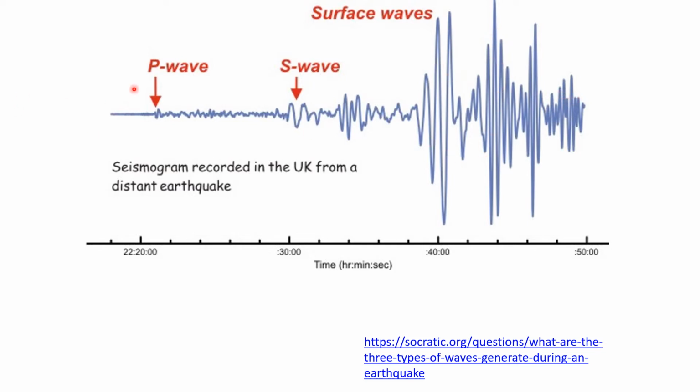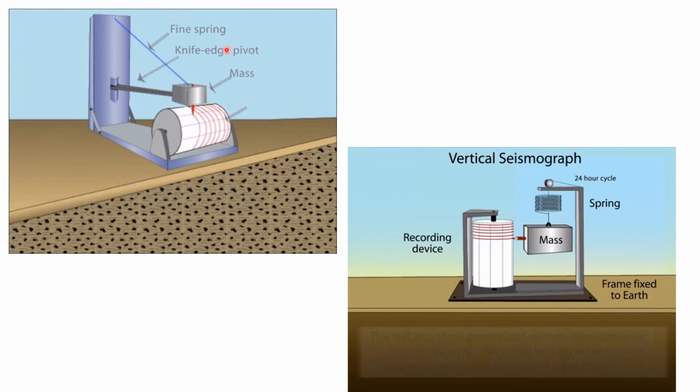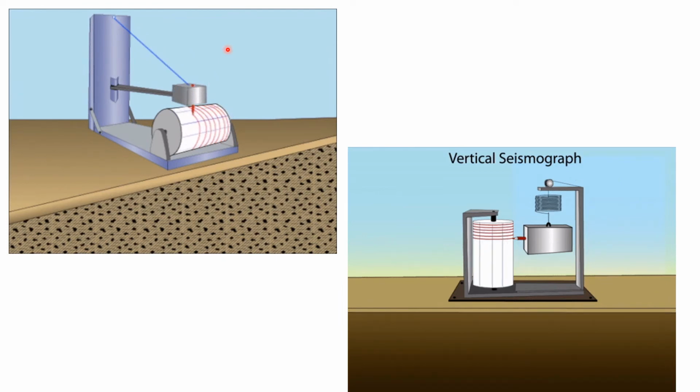So how do we get these seismograms? We measure through a seismograph, which is used to record the motion of the ground during an earthquake.